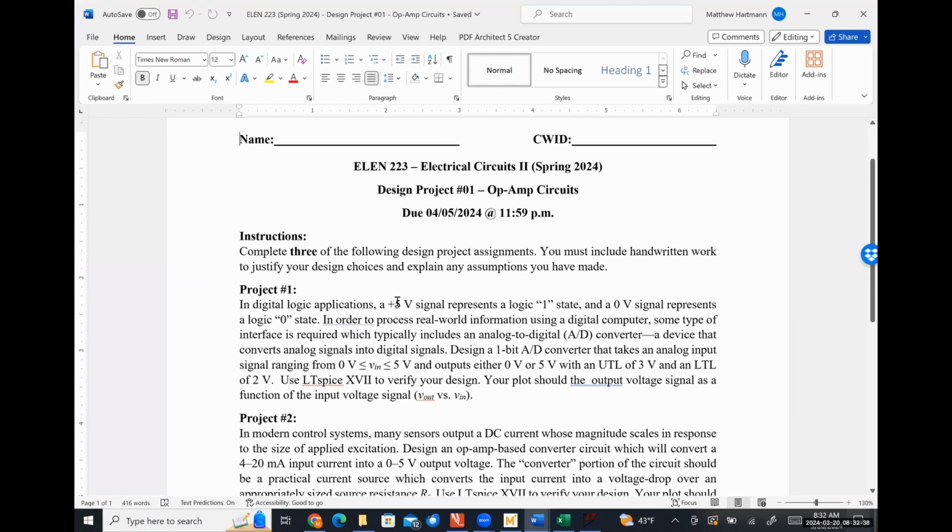In digital logic applications, a 5-volt signal represents a logical 1 or high state. A 0-volt signal represents a logic 0 or low state. Yada, yada, yada. I'm asking you to design a 1-bit analog to digital converter that takes an analog input voltage signal ranging from 0 volts to 5 volts and outputs either 0 volts or 5 volts with an upper trigger limit of 3 volts and a lower trigger limit of 2 volts.